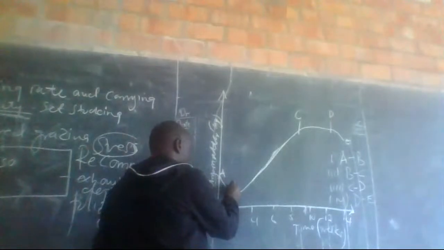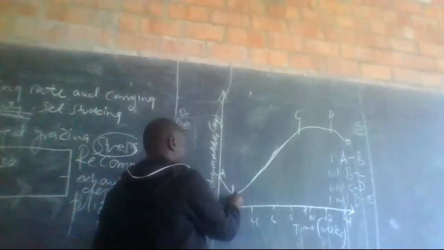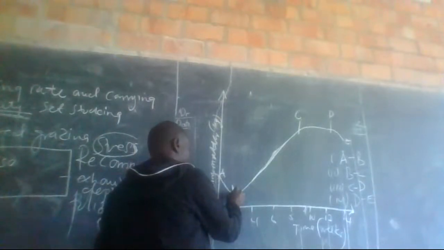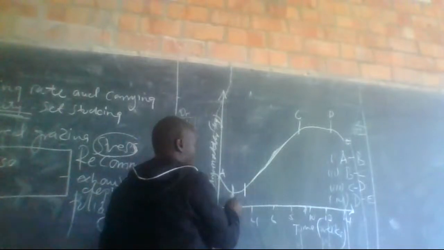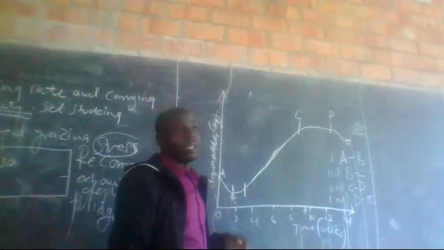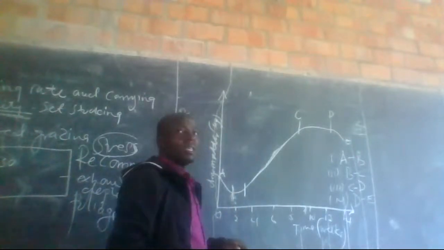Then up here, there is another stage. You see that? Then it goes that way. That is very uniform. But now this one here, which is bending a bit, is another stage.